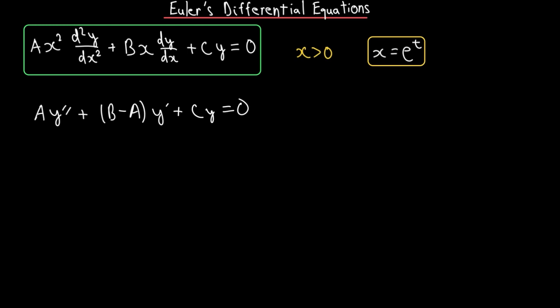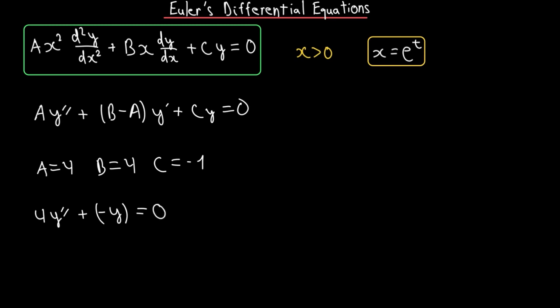And so what I'm going to do is solve a specific example of Euler's differential equation, where I set a equal to 4, b equal to 4, and c equal to negative 1. And therefore this differential equation becomes 4 y double prime plus (4 minus 4), well, that's just 0, so we have minus y is equal to 0.